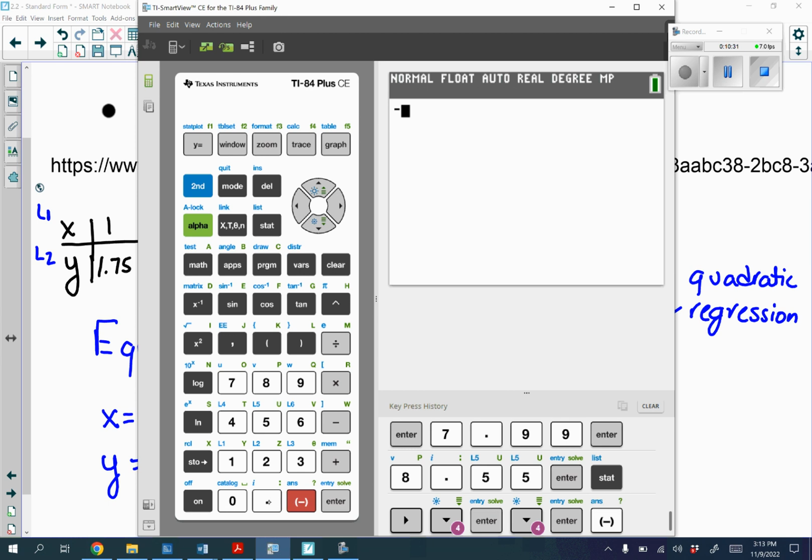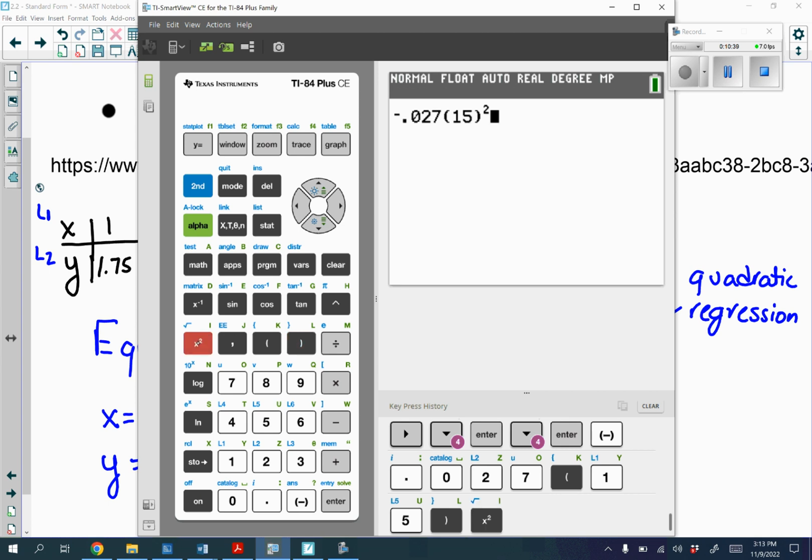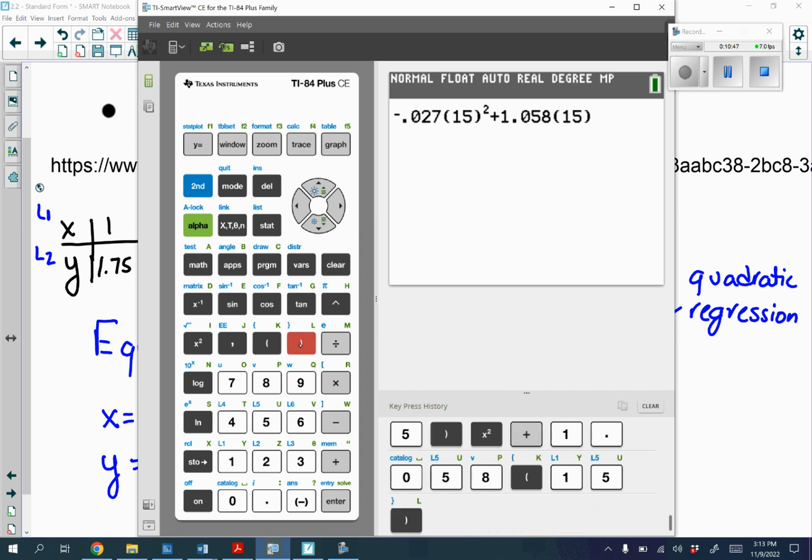So I have negative 0.027 and then parentheses 15, and here's our x squared. Then I'm going to have plus 1.058 parentheses 15, and then plus 0.672.